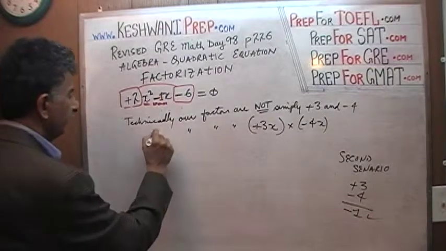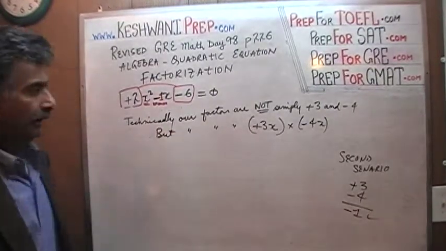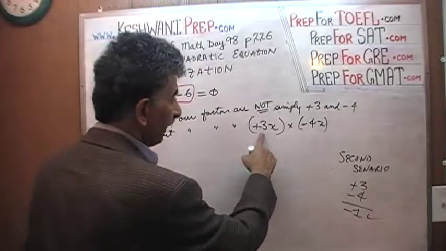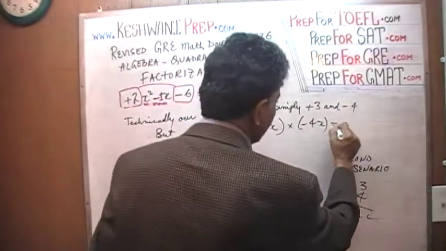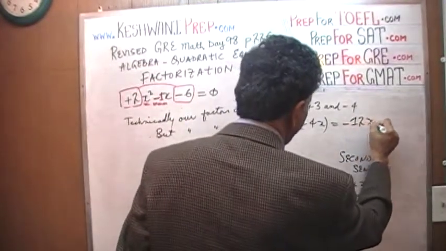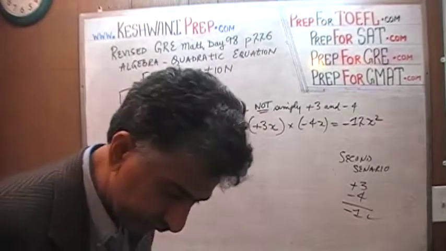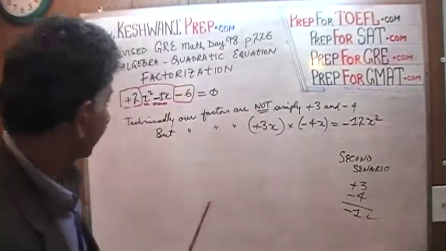Why positive 3x and negative 4x? Because when you multiply positive 3x and a negative 4x, we get negative 12x squared. Now I'm going to show you where that is coming from. Negative 12x squared comes from here.